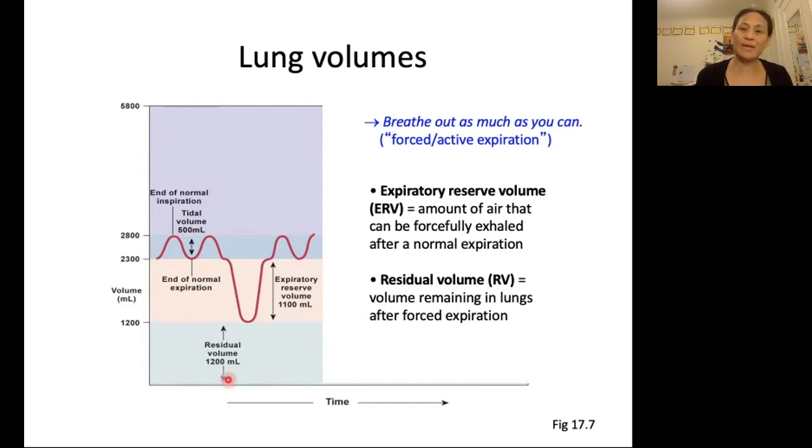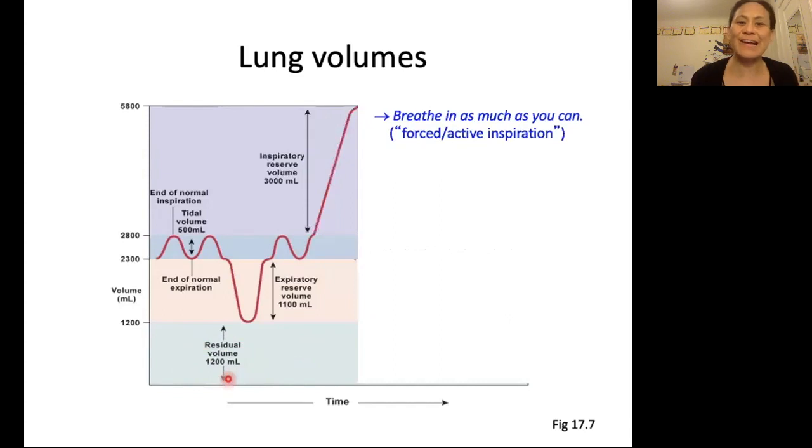All right, time for another breathing maneuver. Now I'm going to have you breathe in as much as you can. Go ahead and do that, and then you can breathe normally again. This act of breathing in with extra effort, more than you would in a regular breath, is called forced inspiration or active inspiration.